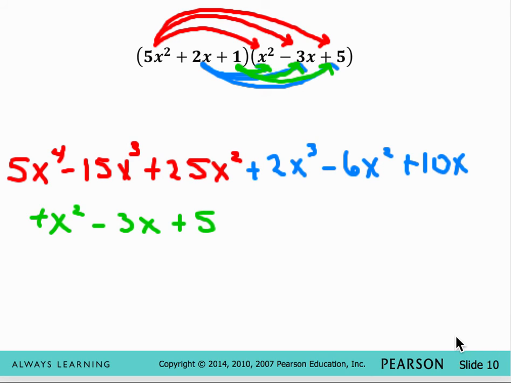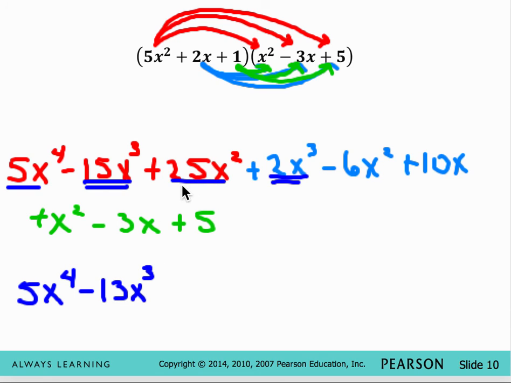Okay, and now that I've got it all multiplied out, just see if there are any like terms I can combine. Any other thing that's next to the fourth? Nope. So I've got 5x to the fourth. Any more x cubes? Yeah. Any more? Nope. Okay, negative 15 plus 2, negative 13x cubed. Any more x squared? Yep. Any more? Yep.